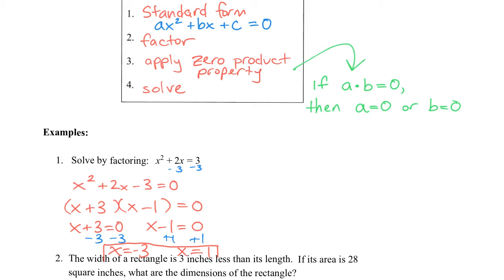Two answers? How could there be two answers? Well, one thing we need to know is that quadratic equations, meaning they have an x squared in them, you need to know this, they have two solutions, so let's write that down.